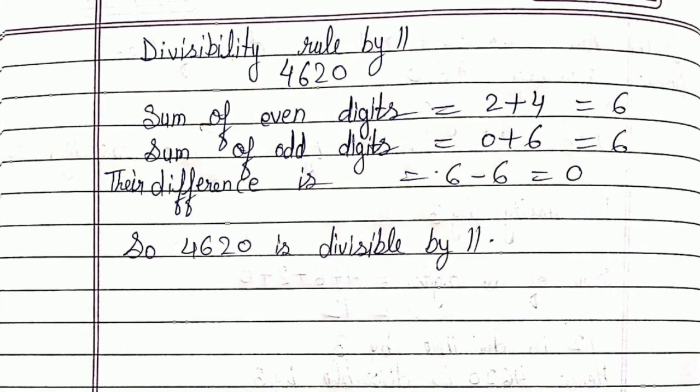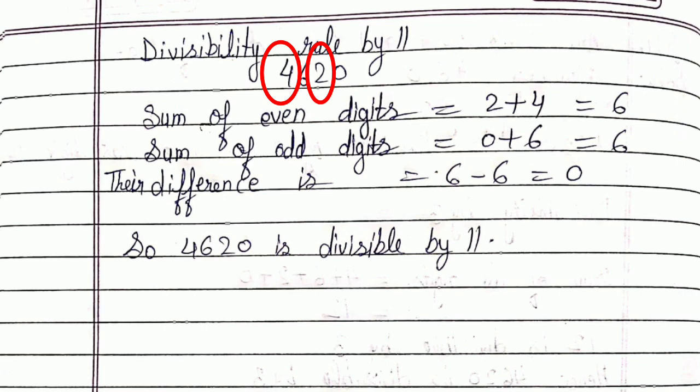Now we will check the divisibility rule by 11. This whole number 4620 we will write, and then we will take the digits at the even places and add them. Here you can see that the even place digit is 2, and the other even place digit is 4.